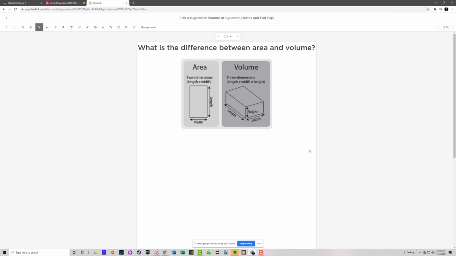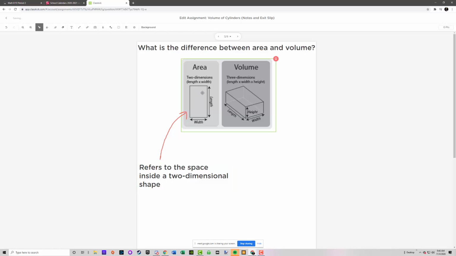Yes. Okay. Now, there are several differences, ladies and gentlemen, between area and volume, but there is one major difference between the two that I'm hoping you will keep in mind moving forward. Area refers to the space inside a 2-dimensional shape.